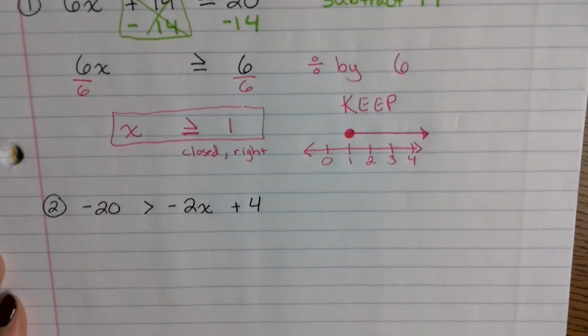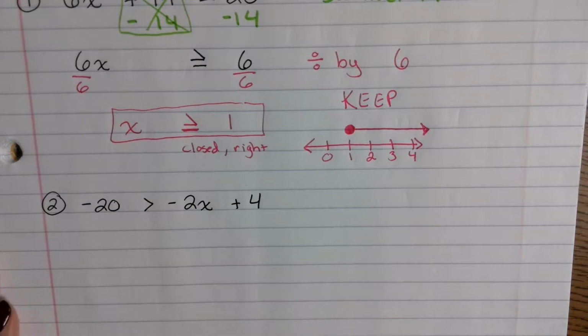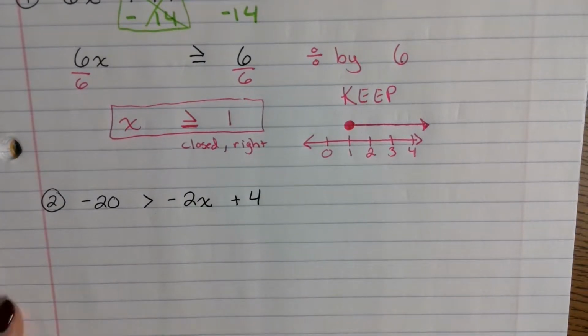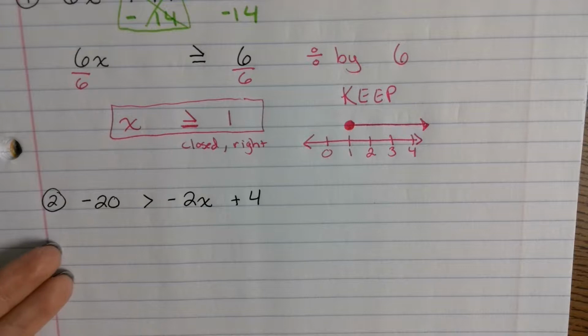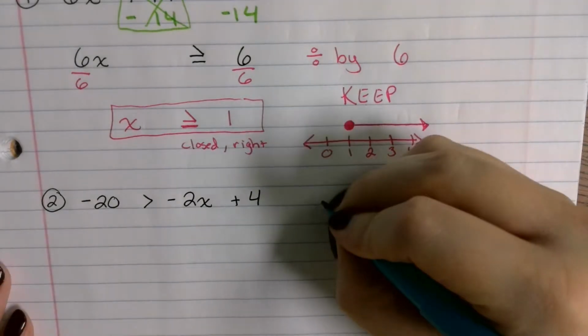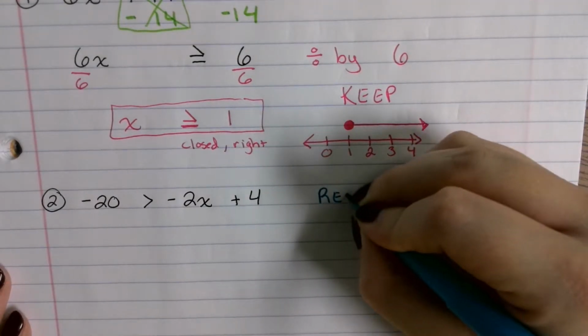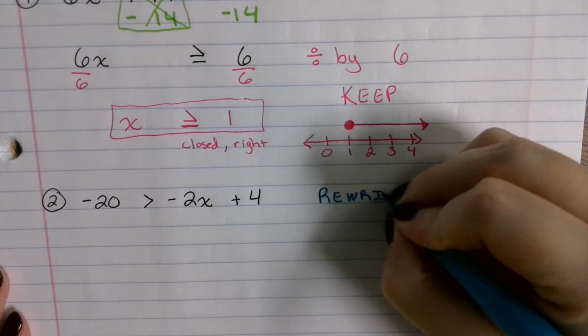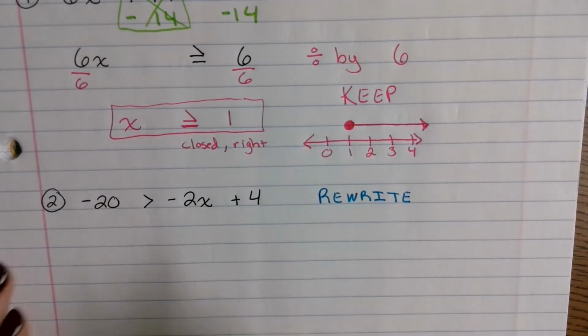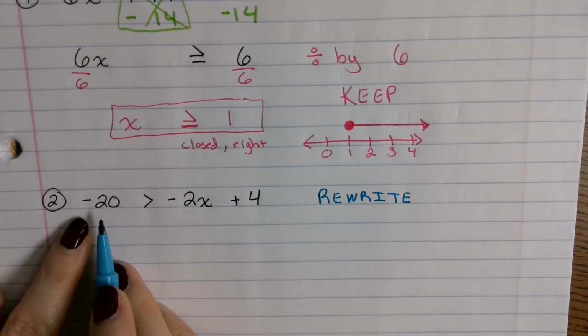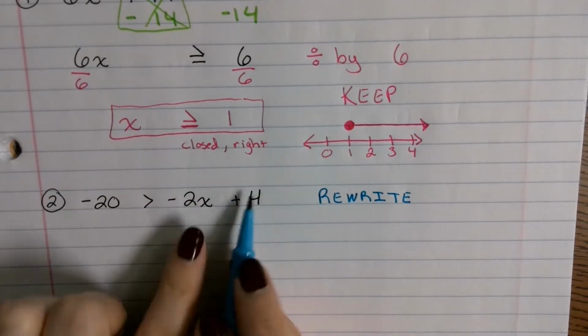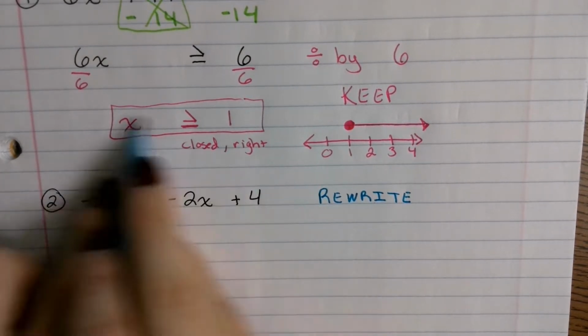What did I say was the first thing we're always going to ask ourselves? Do we need to rewrite? Yes, we do need to rewrite. So I'm going to write off to the side, I'm doing a rewrite. That means my left side is going to go to the right. My right side is going to go to the left.